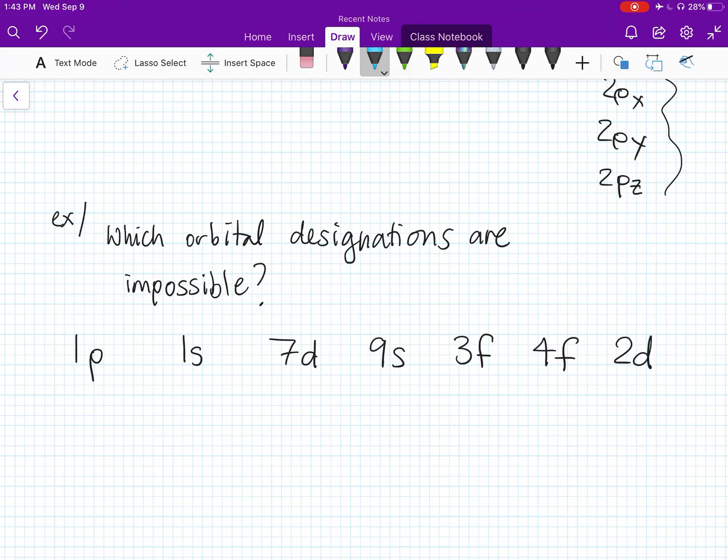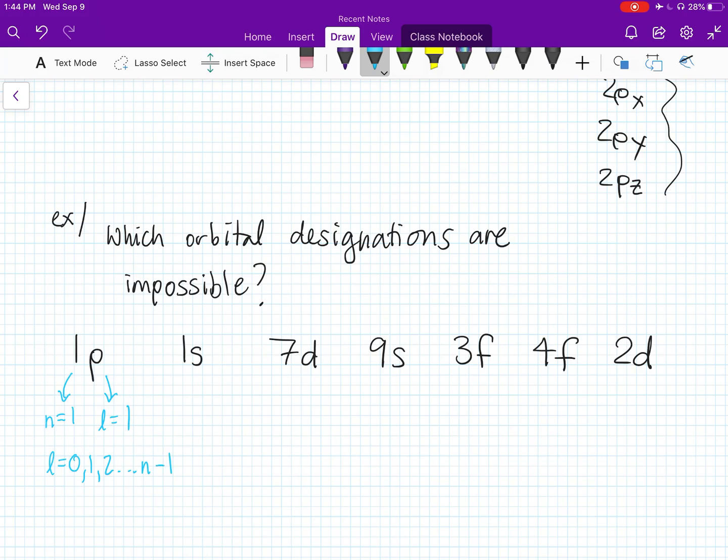So let's start with 1p. This is saying that n equals 1, and this is saying that L equals 1. Those two things cannot simultaneously be true because the maximum value that L can take is n minus 1.